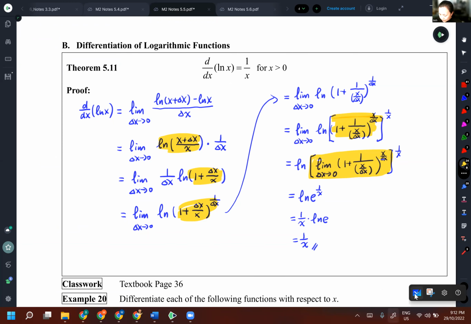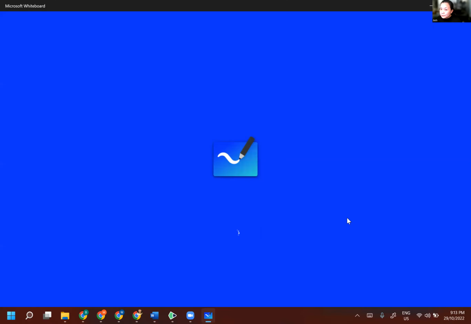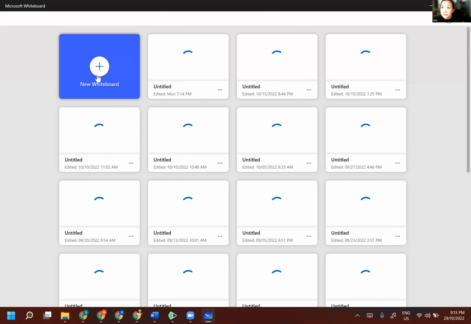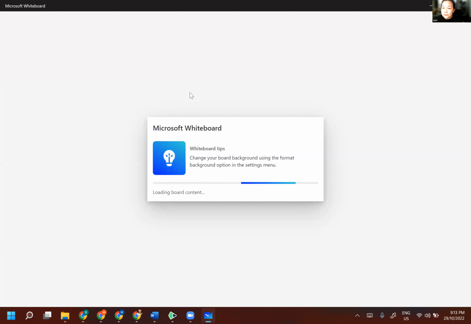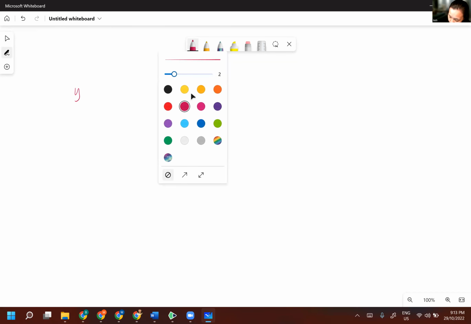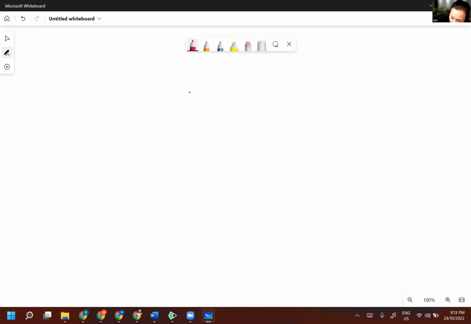Maybe whiteboard. y equals log 1 over 2x minus 3.